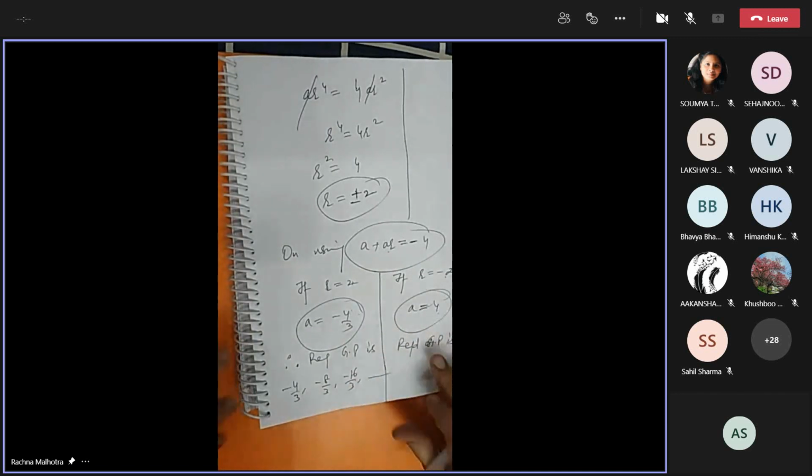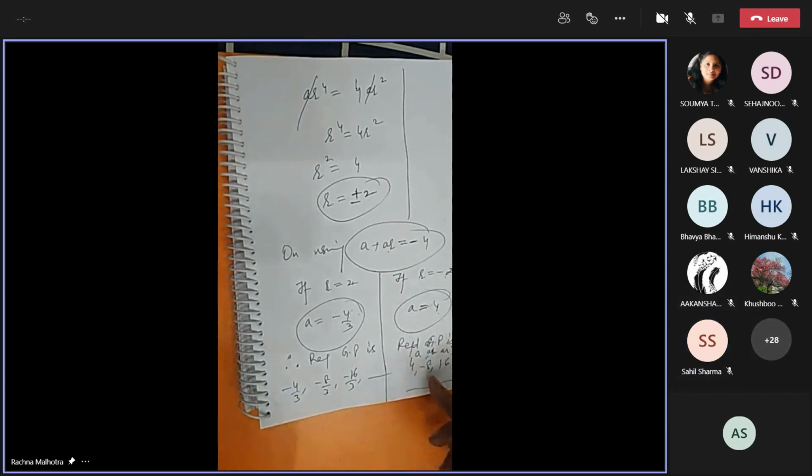This is the way to make the GP here. Similarly, we can make a GP here. If A is 4, what is R? The next term is AR, AR square. So AR is minus 8. Now what will be the next term? 16.